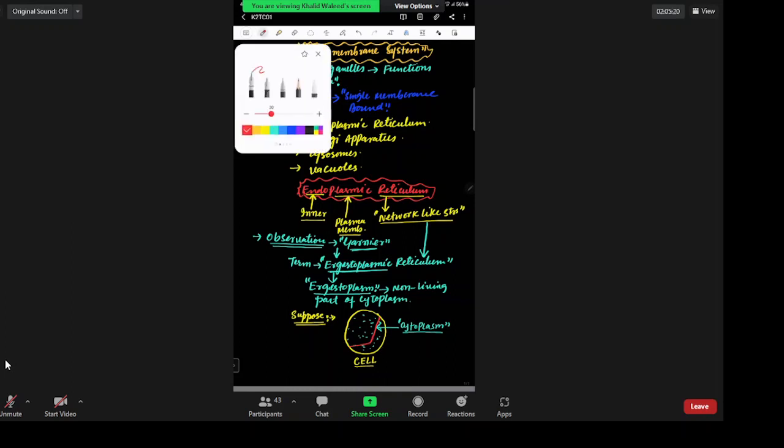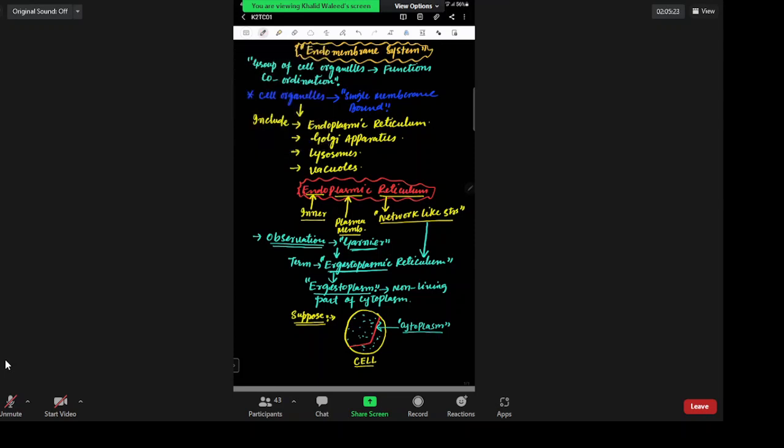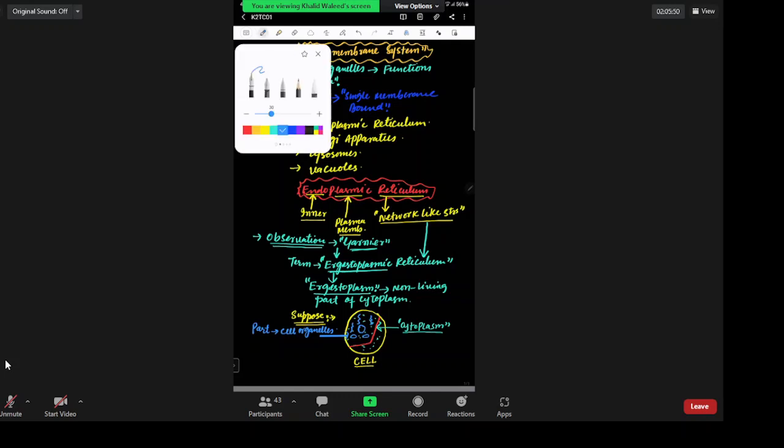In one part of this cell cytoplasm we have nucleus, we have other cell organelles. माने ये वो वाला पार्ट है साइटोप्लाज्म का where cell organelles are present.